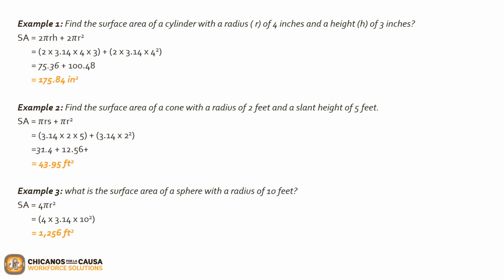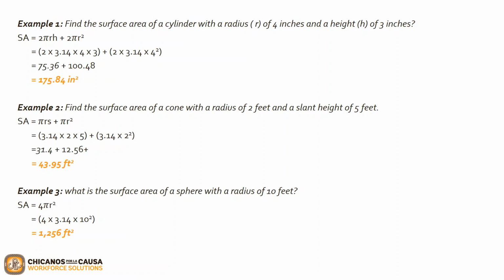So we have 3.14 times 2 times 5 plus 3.14 times 2 to the second power. So let's go ahead and simplify it. We have 31.4 plus 12.56, giving us an answer of 43.96 feet squared.